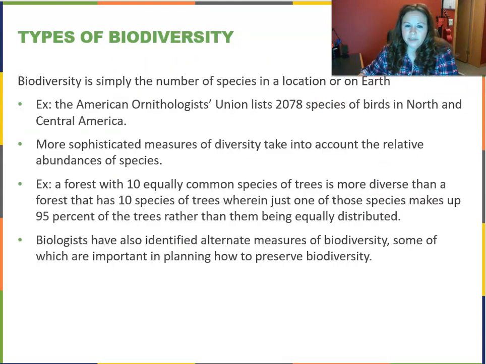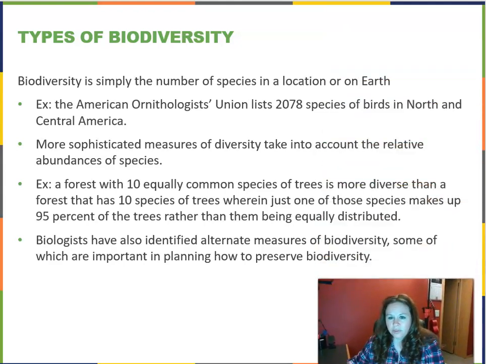So biodiversity is simply the number of species in a location or on Earth. For example, the American Ornithologists Union lists 2,078 species of birds in North and Central America. More sophisticated measures of diversity take into account the relative abundance of species as well.